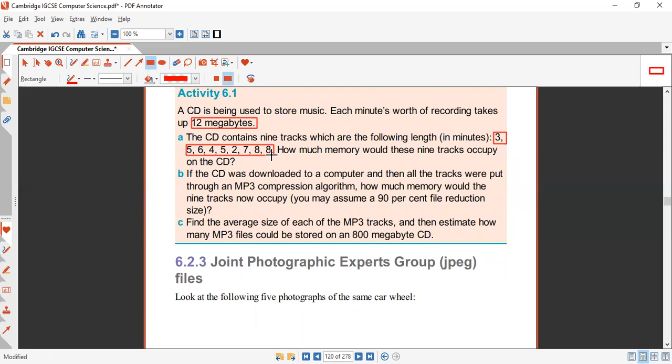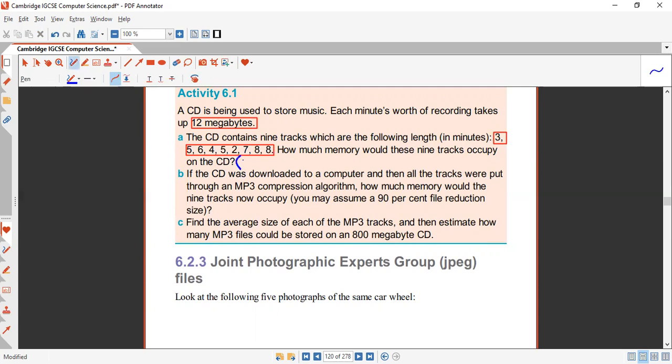So 1 minute of recording takes up 12 megabytes, and they have given multiple tracks with the minutes of these tracks. They are asking how much storage capacity they are going to occupy. So any idea how we are going to do that? Multiply them by 12. Okay, we can multiply each individual one by 12 and then add them together, or use the shortest method.